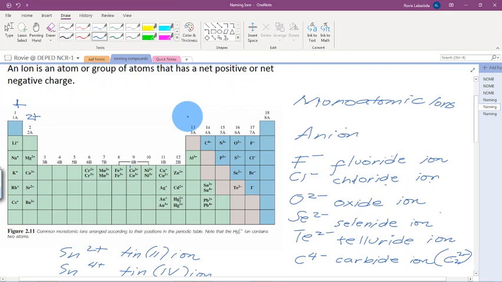For 3A, 3 positive. For 4A, 4 positive and negative. For 5A, 3 negative. For 6A, 2 negative. For 7A, 1 negative. And for 8A, 0. Alright, so that's it.